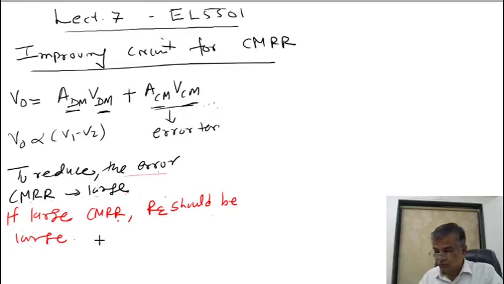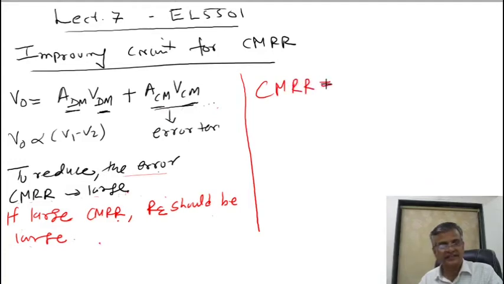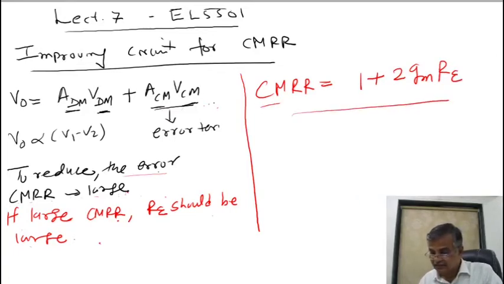According to this equation, which we derived in the second last lecture, 1 plus 2GM into RE, this will be large if RE is large. You cannot play with the GM.